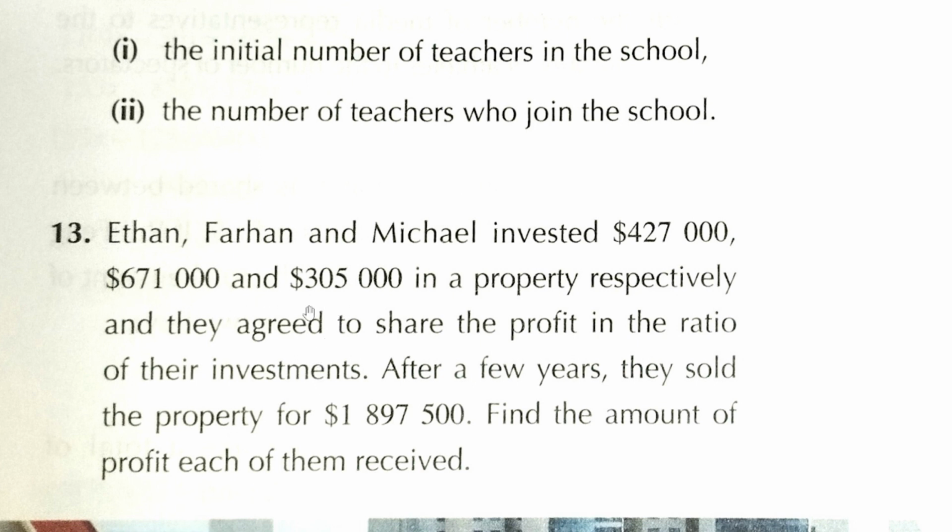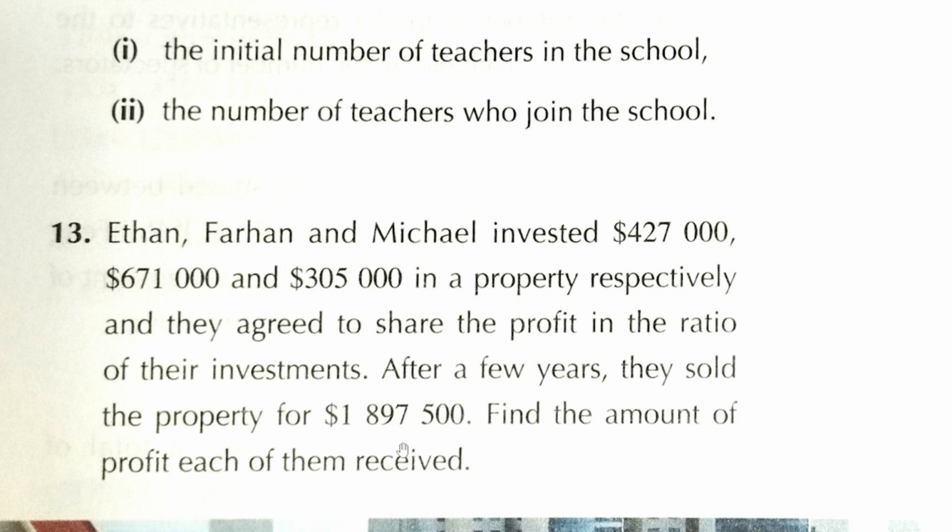After a few years, they sold the property for almost 1.8975 million dollars. Find the amount of profit each of them received. So now we have to find the amount of profit that they received.